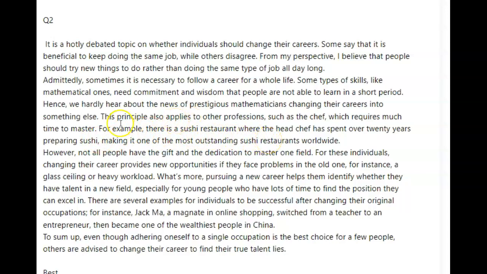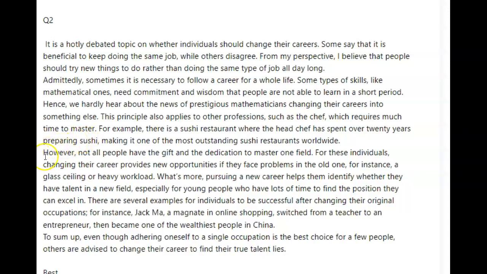Talking about cohesion here, there is a sushi restaurant where the head chef has spent over 20 years preparing this delicacy, making it one of the most outstanding sushi restaurants worldwide. You see, just changing that one word and adding a different this is a type of cohesion, using a sort of synonym. It is just effective, but it's such a detail that I don't even really need to mention it.